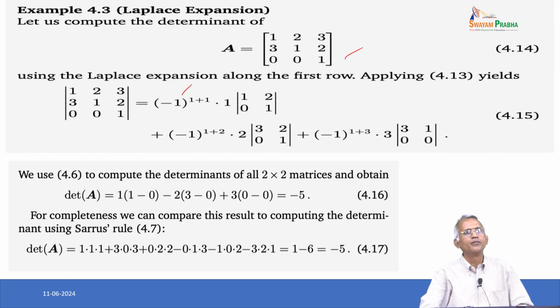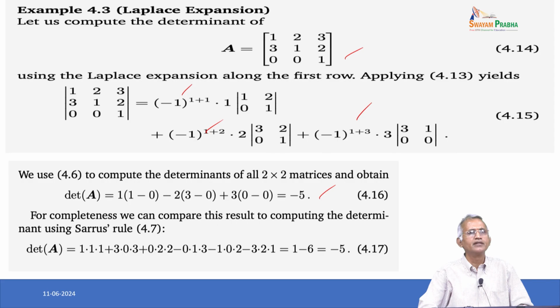So, minus 1 whole power 1 plus 1 times 1 times the minor, where we omit that row and that column and keep the rest of the elements 1, 2, 0, 1, and minus 1 whole power 1 plus 2 times 2 times the determinant of 3, 2, 0, 1, plus minus 1 whole power 1 plus 3 times 3 times the determinant of 3, 1, 0, 0. So, the net value becomes minus 5. So, this is the value of the determinant.